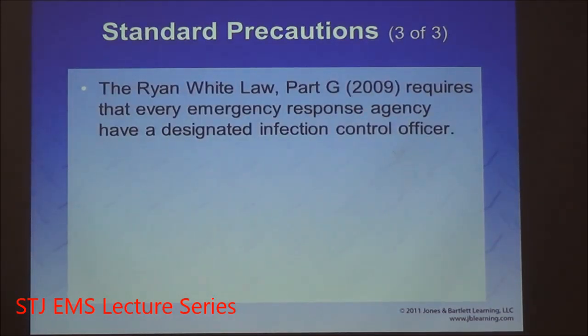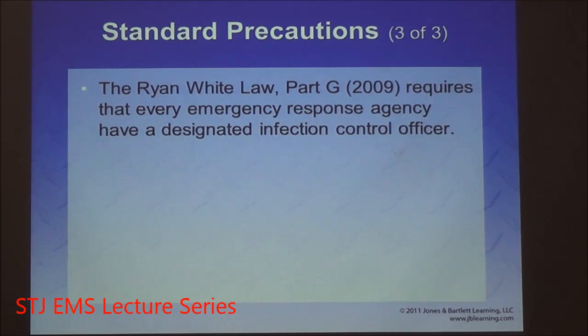The Ryan White Law, passed in 2009, Part G, mandates that every emergency agency has a designated infection control officer. This infection control officer is the one who is contacted first by the hospital when their agency has transported or been in contact with a patient infected with a communicable disease.